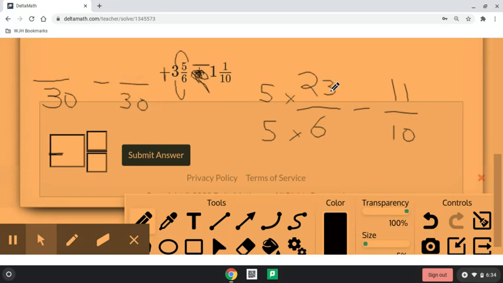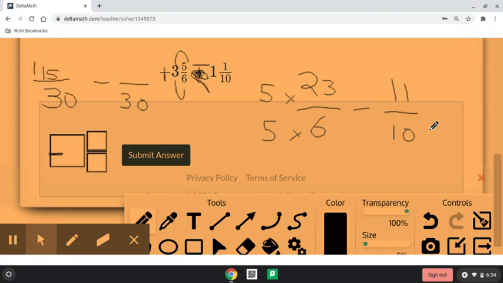So 5 times 23. Let me see. 3 times 5 is going to make 15. 20 times 5 is going to make 100. So we have 115 over 30.